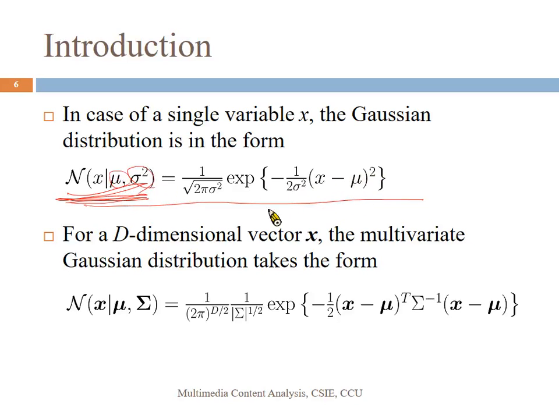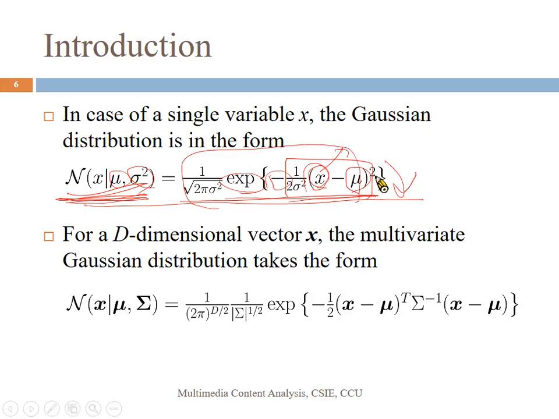And you can see in this mathematical definition, when the data value x is far from the mean, then the value here will be large, and by taking the minus and taking the exponential, the total value will be small.